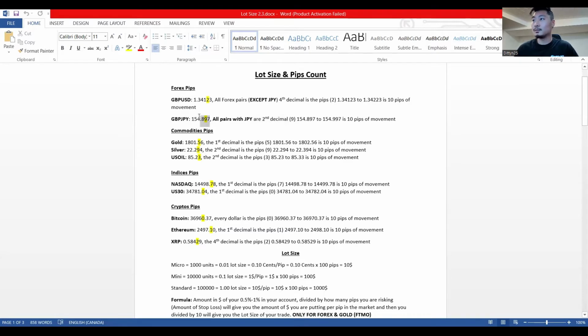As you can see here, the second decimal here, 154.897 to 154.997 is 10 pips of movement.